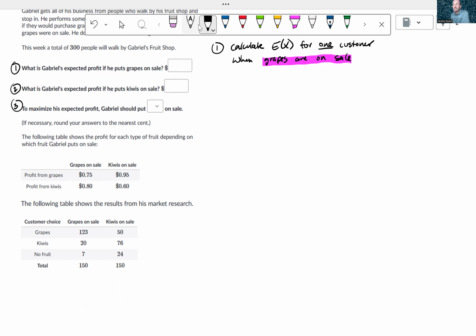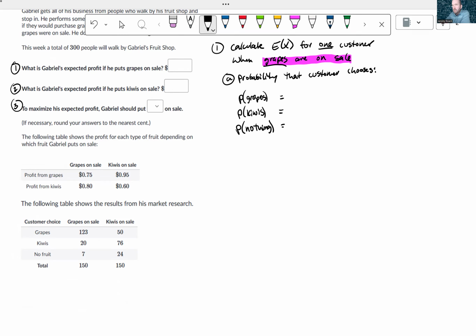So we want to find the expected value or the expected profit per customer. So to do that, we're going to find the probability that the customer chooses either grapes, kiwis, or nothing when the grapes are on sale.